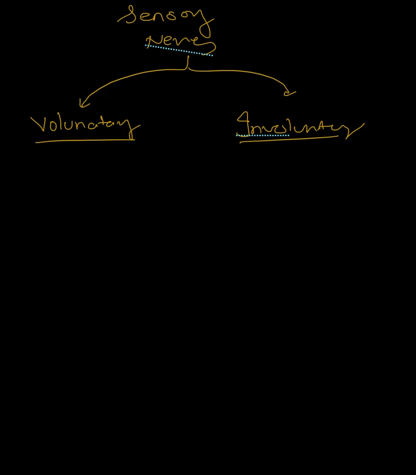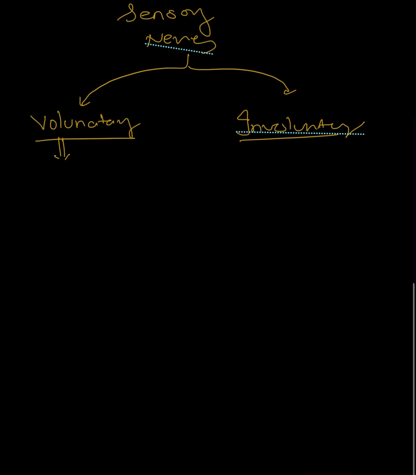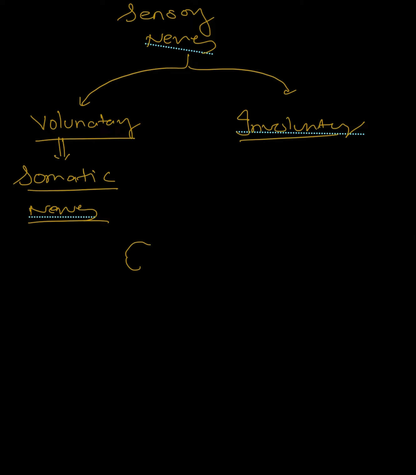The voluntary are the somatic nerves. What are somatic nerves? These are the nerves which arise from the spinal cord, and they have a single axon.